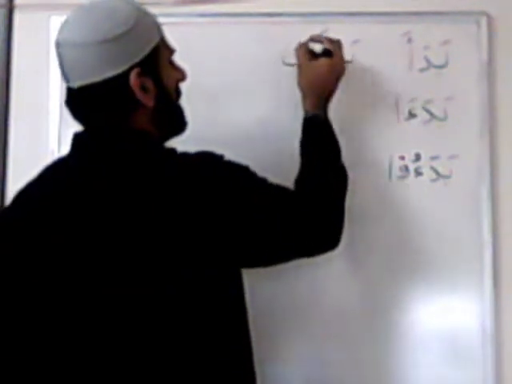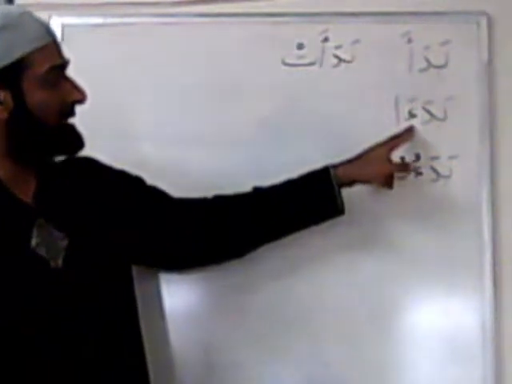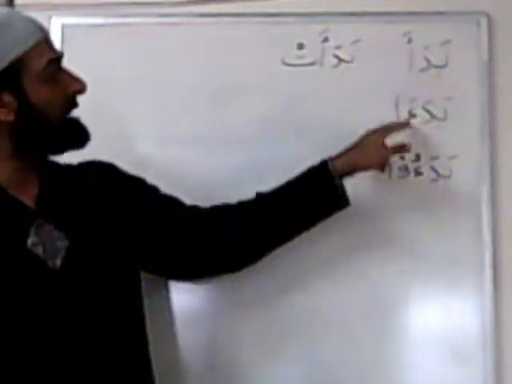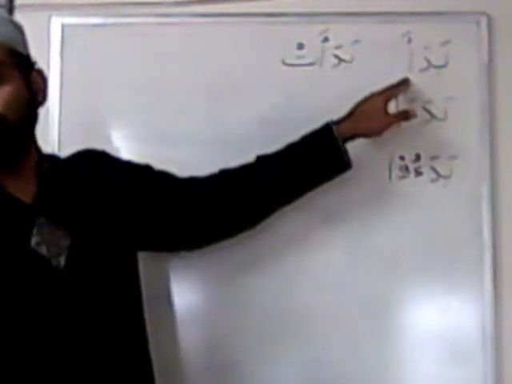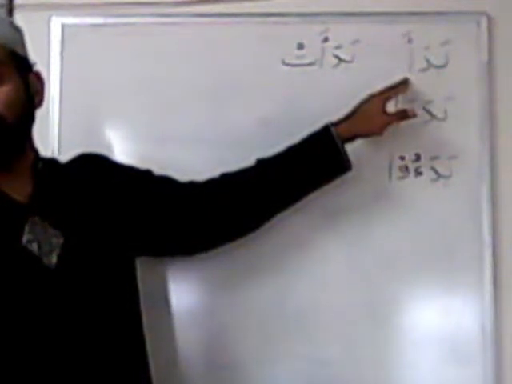Why is it not an alif? Because the alif will make a longer sound and the hamza a shorter one. The reason is that this is the spelling of the word. It's a hamza, not an alif. Even here, it's a hamza which you're pronouncing. You're just writing the alif that way.